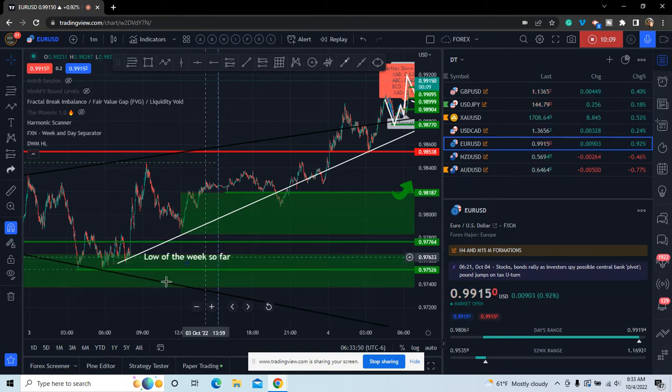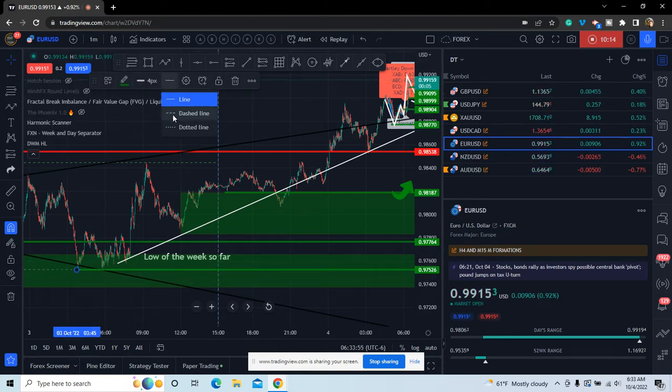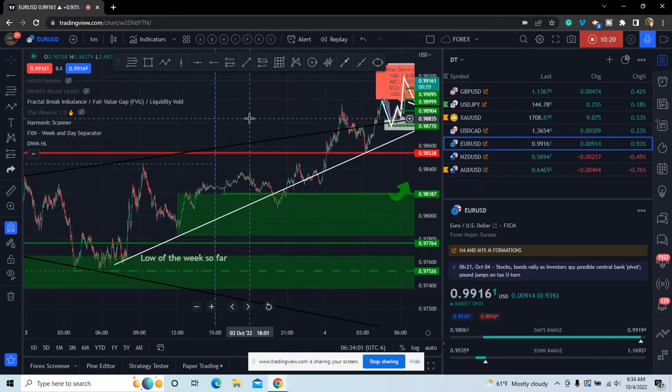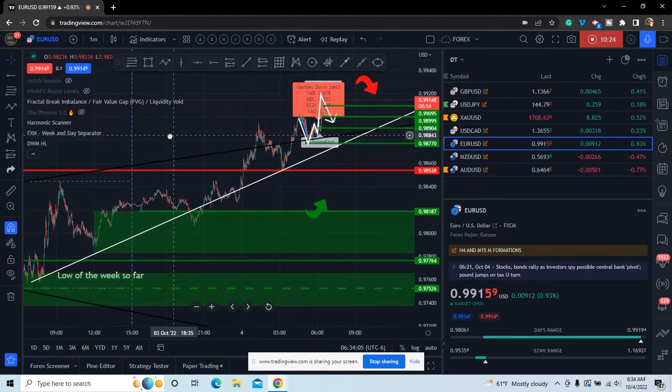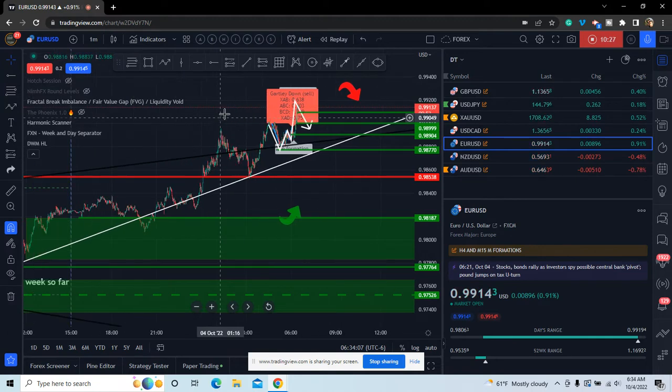So 97.50. Not sure that we get there today without any catalyst really, but could be looking for 98.50 over here.